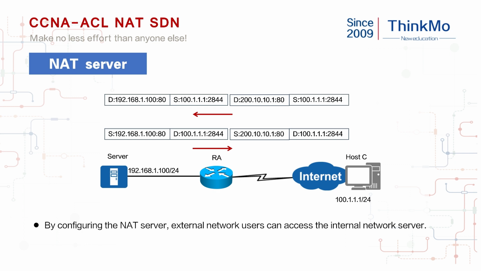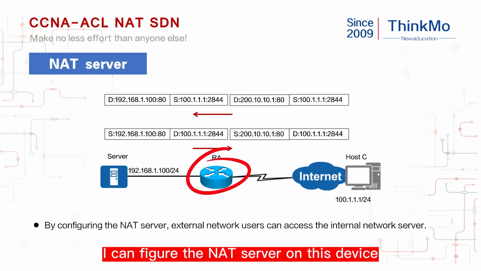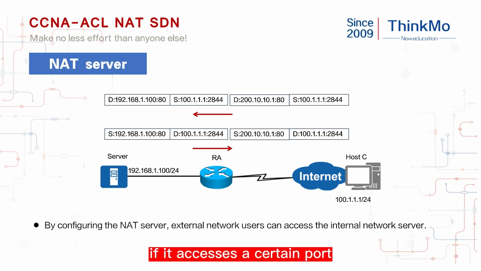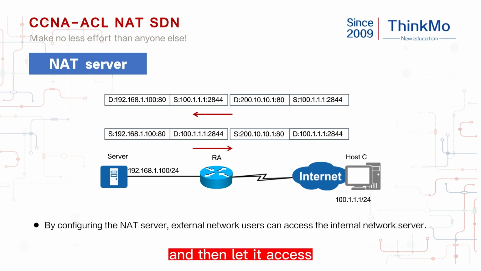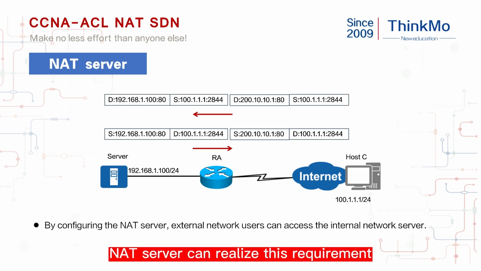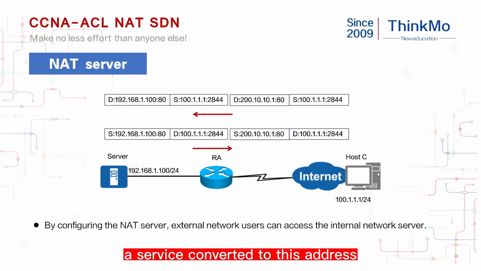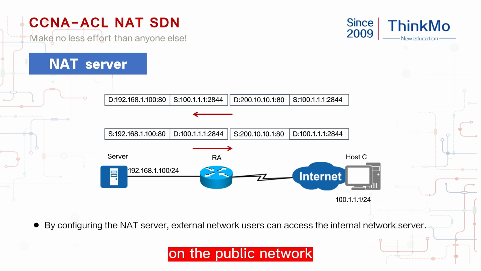For example, I configure the NAT server on this device. If it accesses a certain port on this device in the future, it can jump to a certain port of the internal server, and then let it access. That is how NAT server can realize this requirement. All you need to configure is to convert the service on a certain port of the internal server to an address on the public network, and then publish it externally.